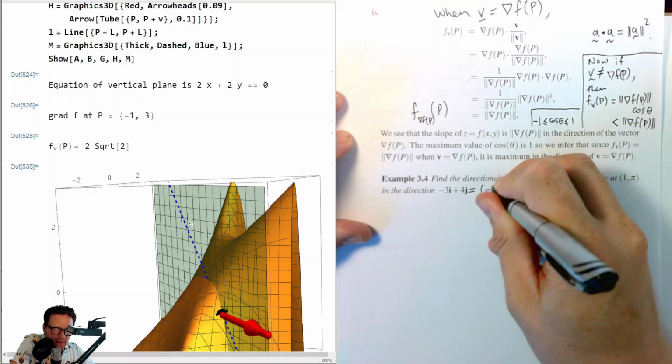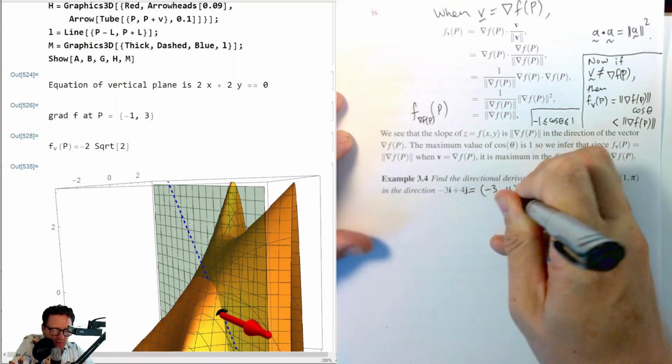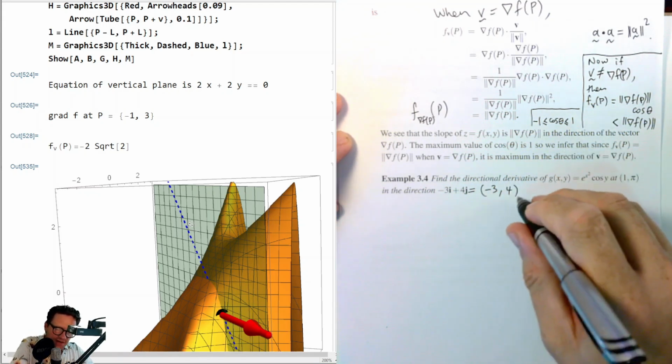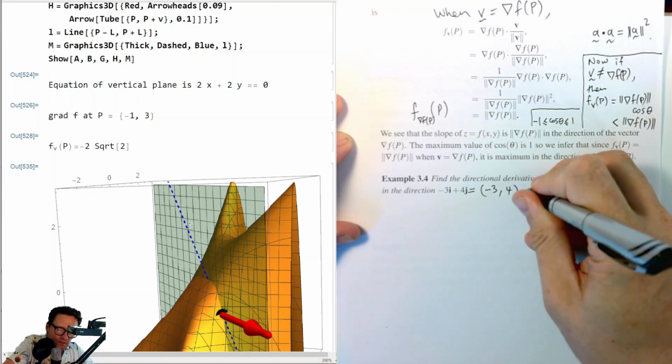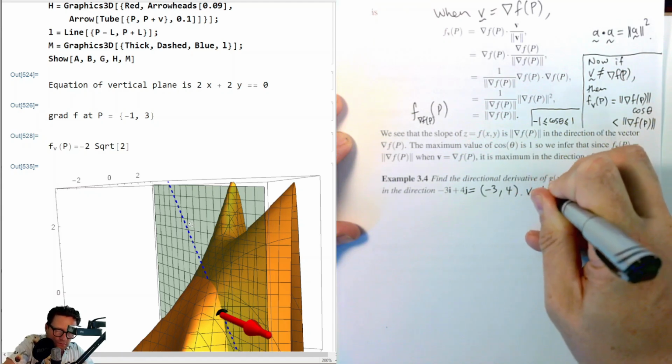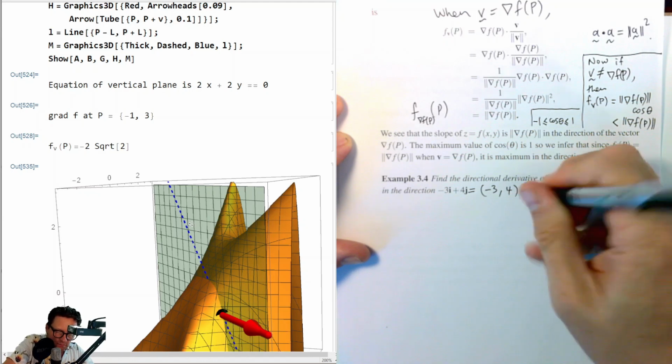So this is (-3, 4). This is a vector, and this is a point. Same notation, different entity.